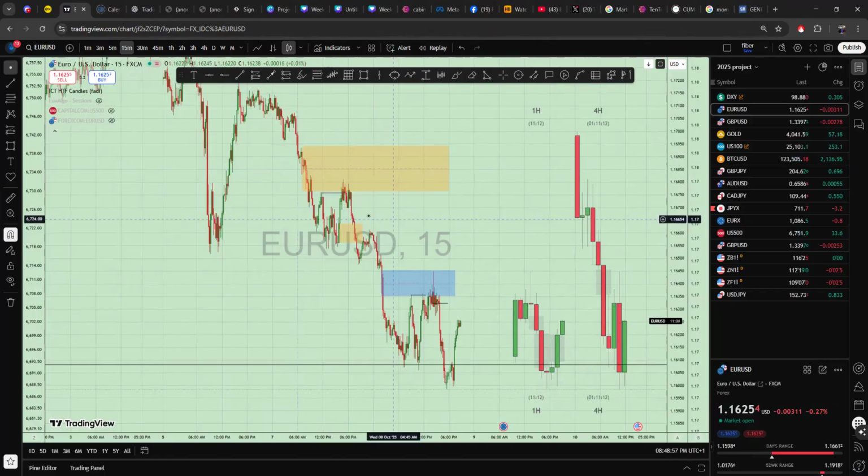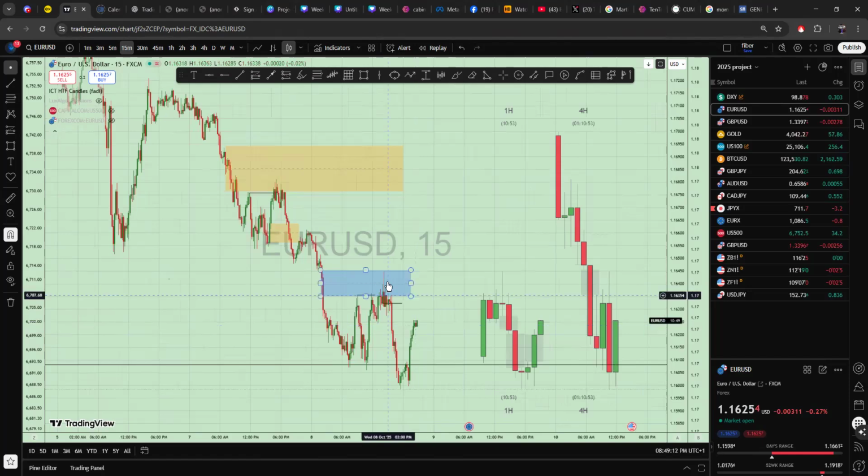If this is the 5-minute chart, then this would have happened in just a couple of minutes, right? But since it is on the 4-hour, it took maybe a whole day to play out. If it was on the lower time frame, like 1 minute, it wouldn't have taken us up to an hour. That's just the difference.